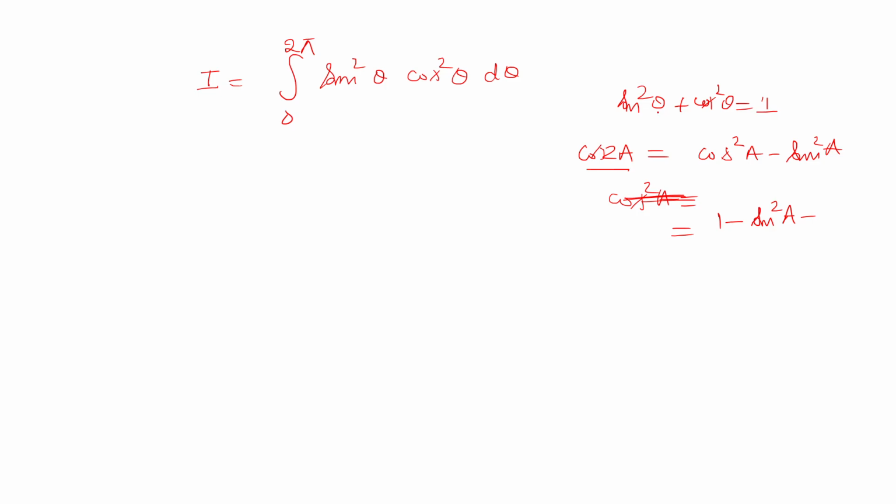Here we are replacing θ with a. So this will be 1 minus 2 sin²a.